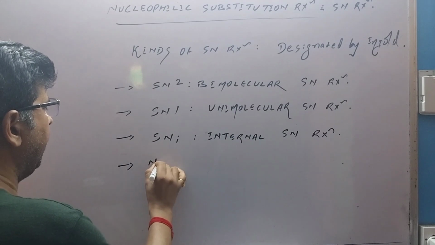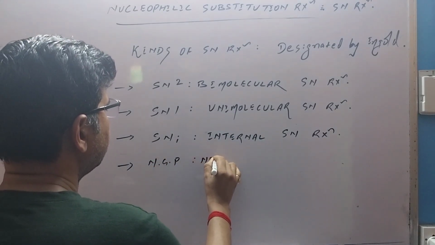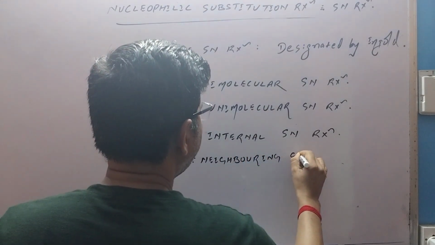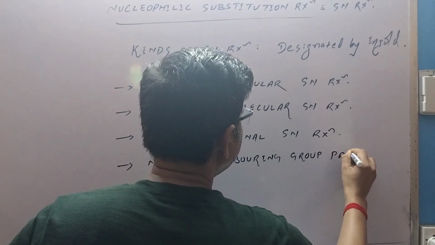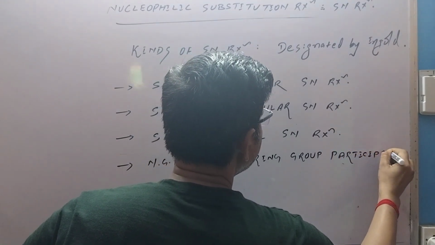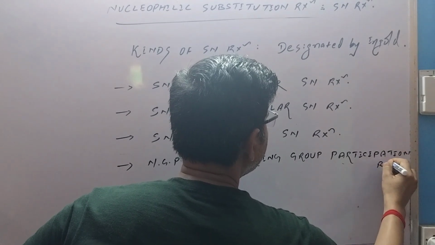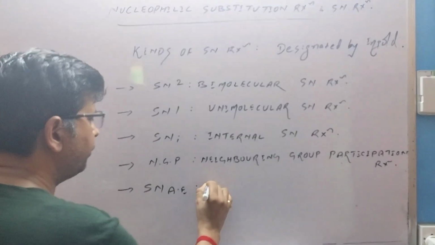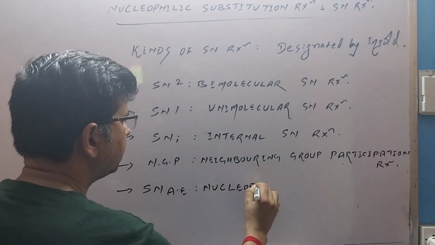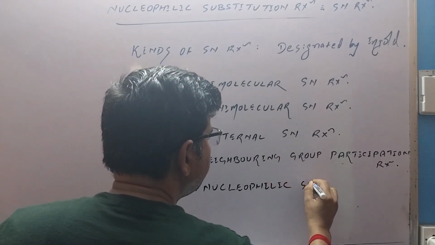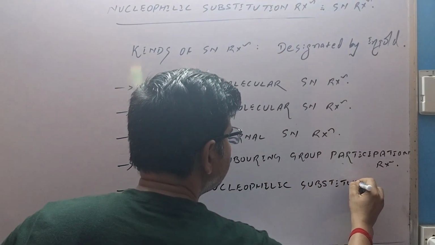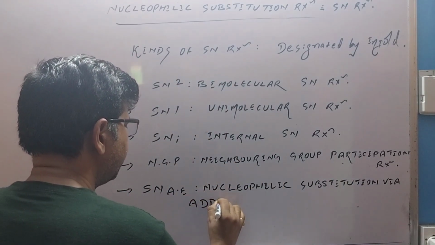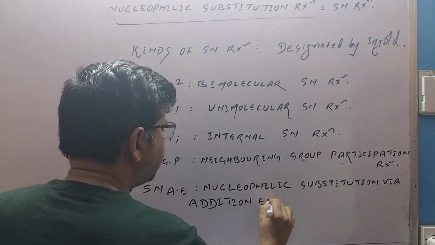Next one is NGP, neighboring group participation reaction, and the next one is SNAE, nucleophilic substitution via addition elimination.